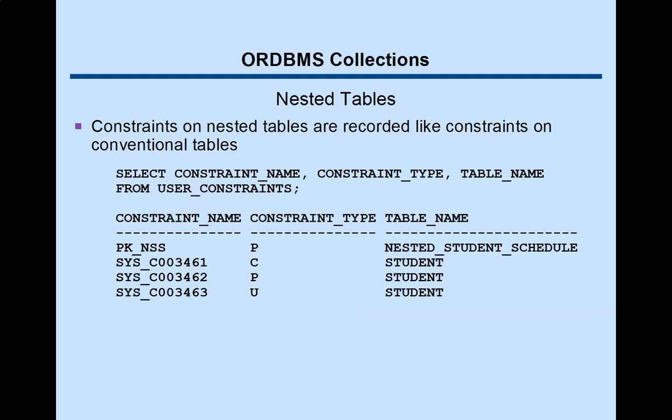Constraints on nested tables would also be recorded with the metadata for constraints for our traditional relational tables. So if we examine user constraints, we see this constraint called PKNSS as a primary key type of constraint, and the table over which it applies is the table called nested student schedule.